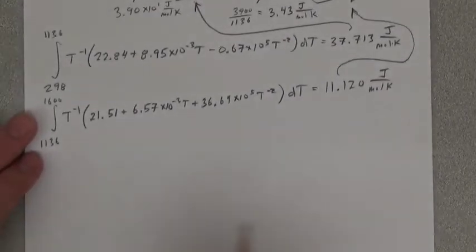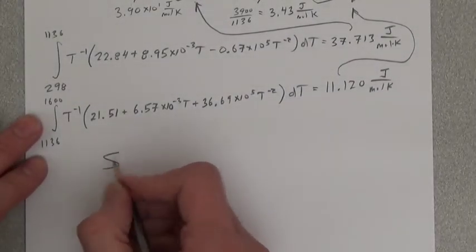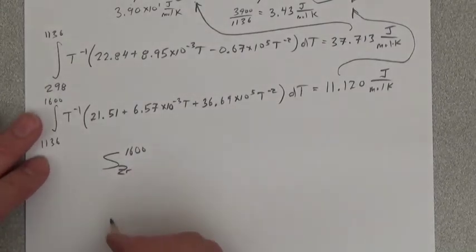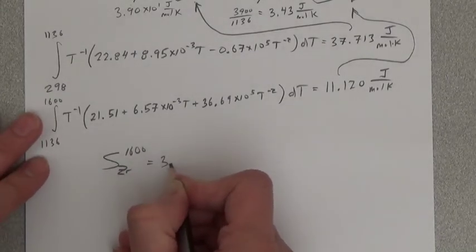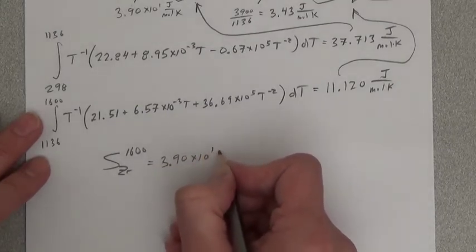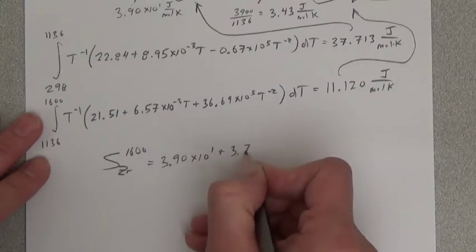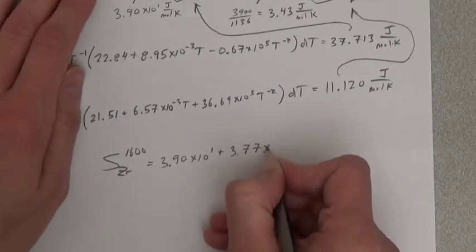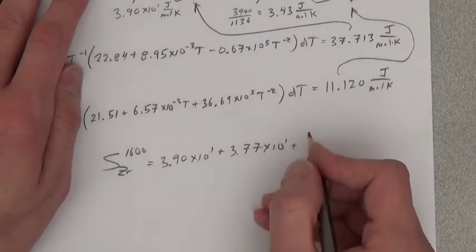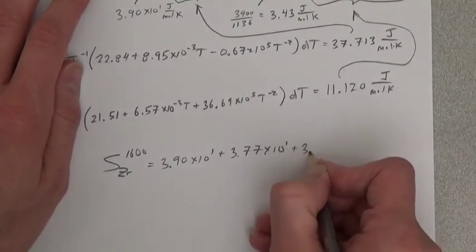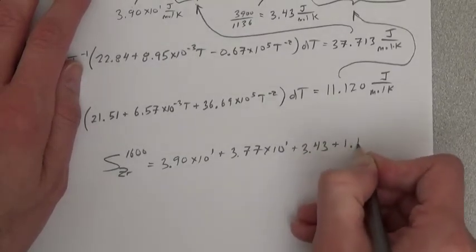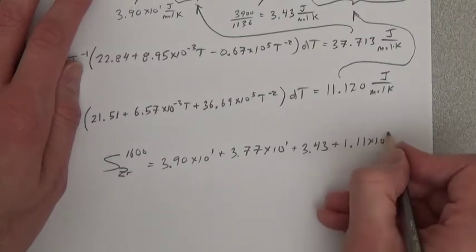Which means S of Zr, zirconium, at 1600 is equal to 3.90 times 10 to the 1 plus 3.77 times 10 to the 1 plus 3.43 plus 1.11 times 10 to the 1.